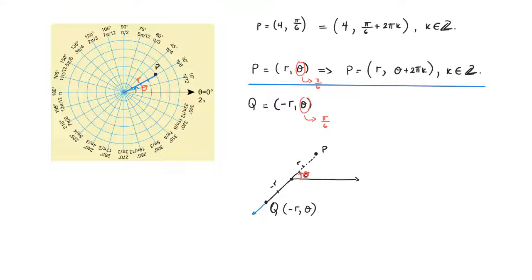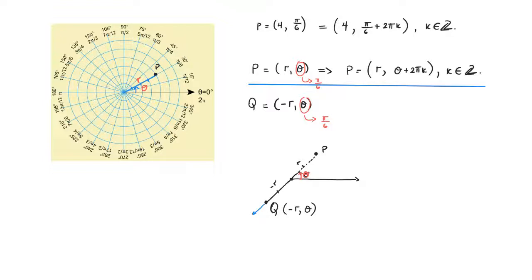So whenever you have a negative length, the point that is represented by that negative length doesn't fall in the same place as theta. You're going to measure theta counterclockwise if theta is positive, but instead of going up r units, you're going to go down in the opposite direction r units.